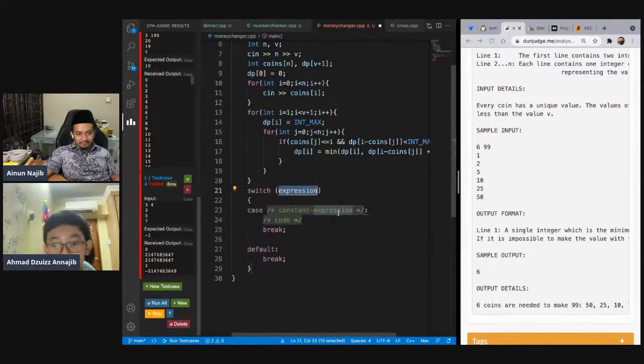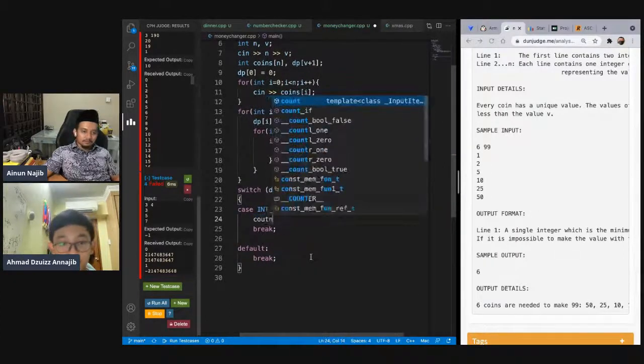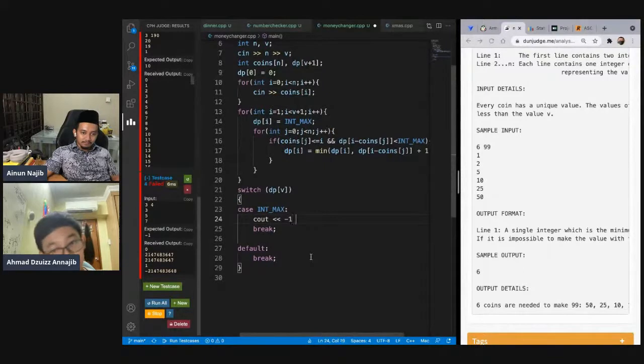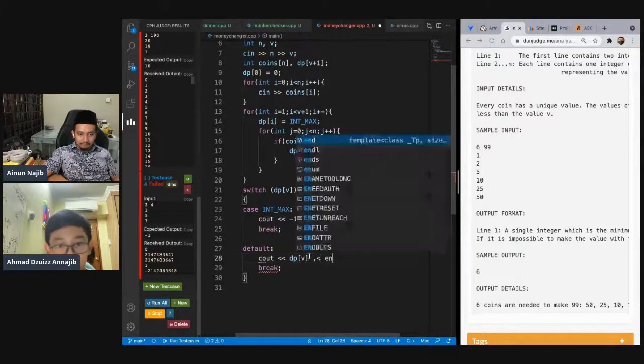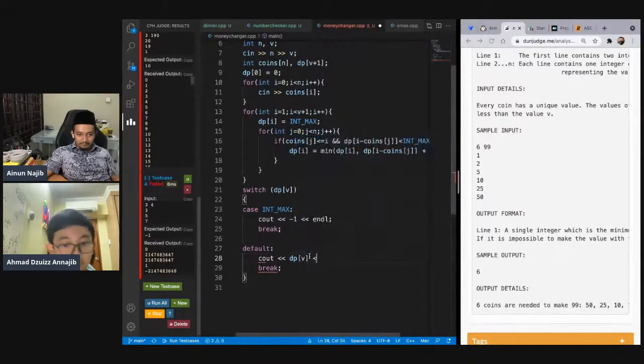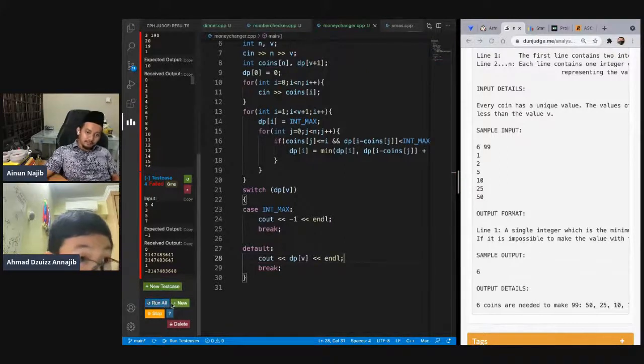Switch on dp[V]: if it is INT_MAX, then cout minus 1. Very good. The default is cout dp[V]. Okay, good.